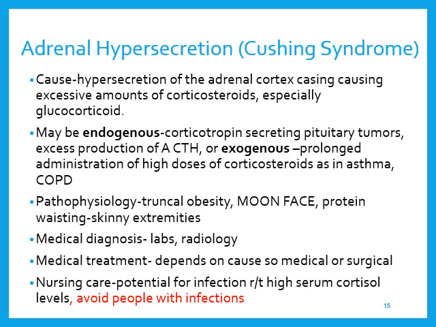So that could be corticotropin secreting pituitary tumors in the patient, and that causes an excess production of ACTH. Or exogenous means from the outside, which is prolonged administration of high doses of corticosteroids, like asthma and COPD, like I was telling you about the high doses.